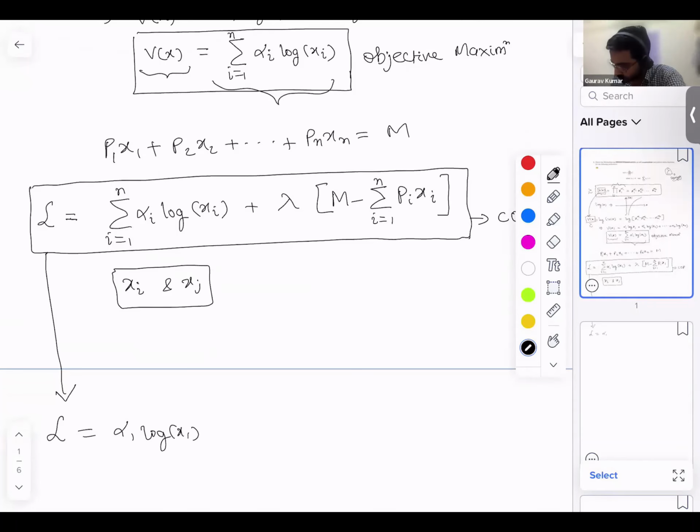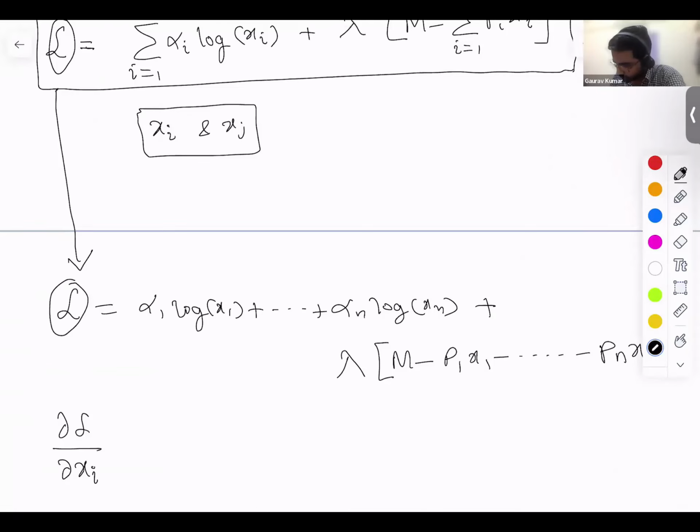There is nothing else. Now you take the first order conditions with respect to xi, where xi is some good. And the answer you will get is alpha i by xi equal to lambda pi. So this is your first FOC.